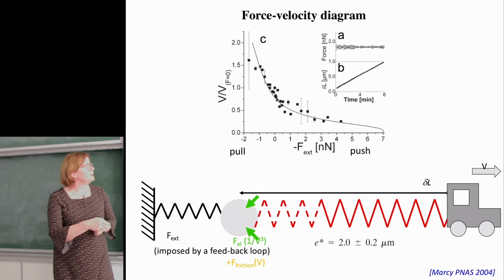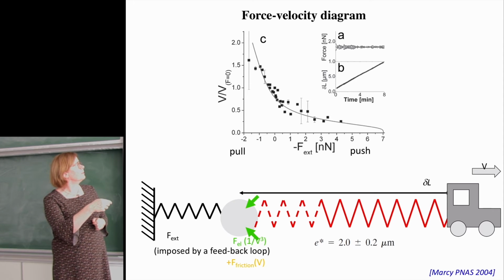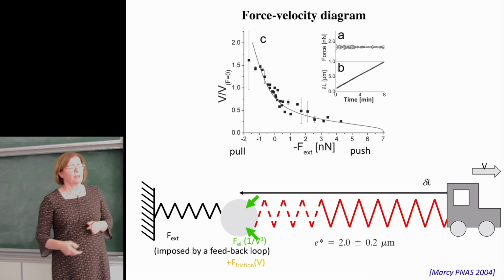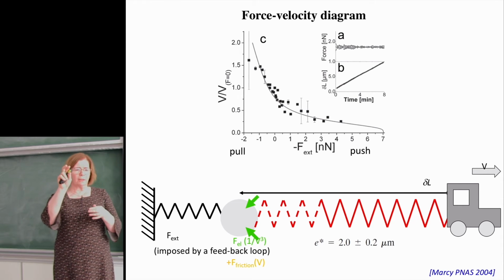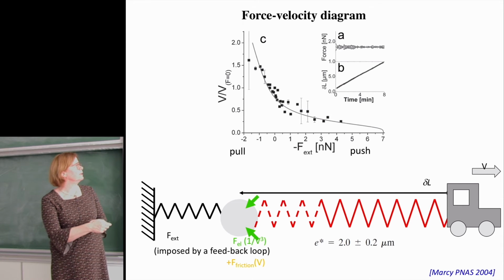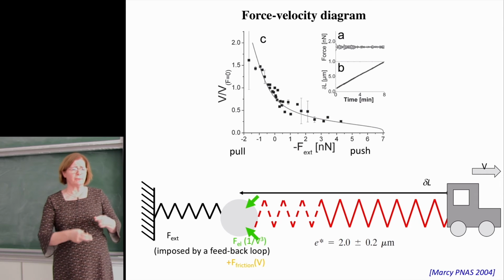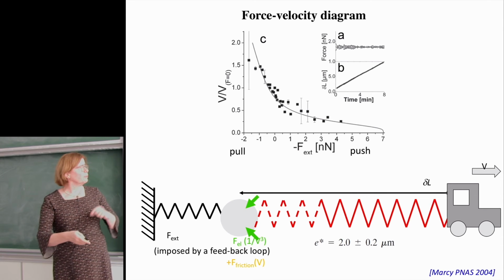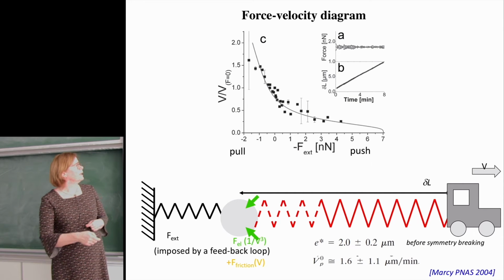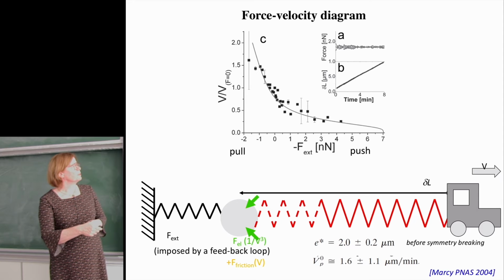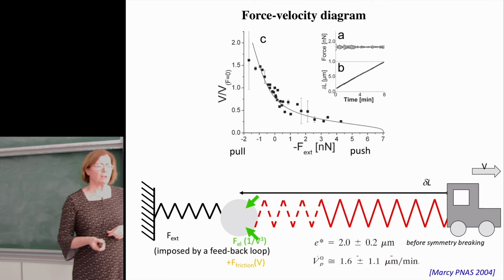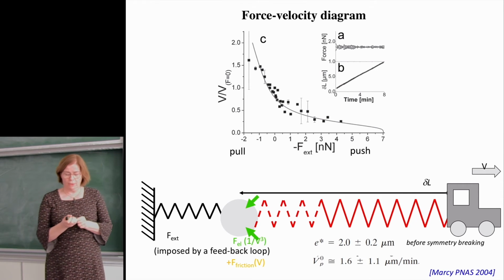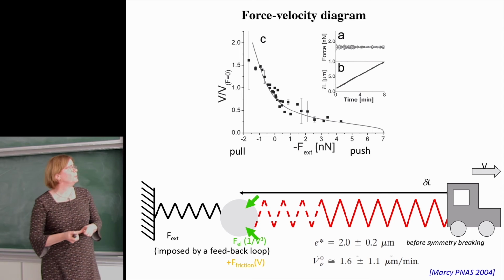Right, and what we derive from this model applied to these points is that the thickness that pushes on the side is on the order of 2 micrometer, which was the same before the movement. And the velocity of polymerization is about 1.6 micrometer per minute, which is the classical velocity obtained in this system.